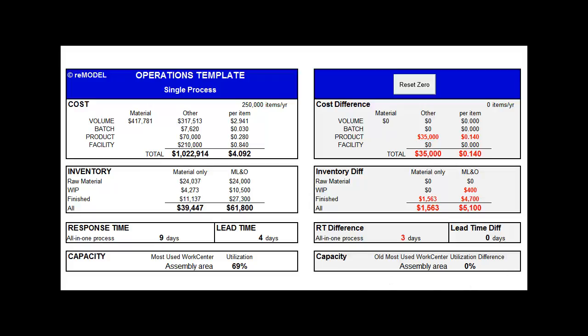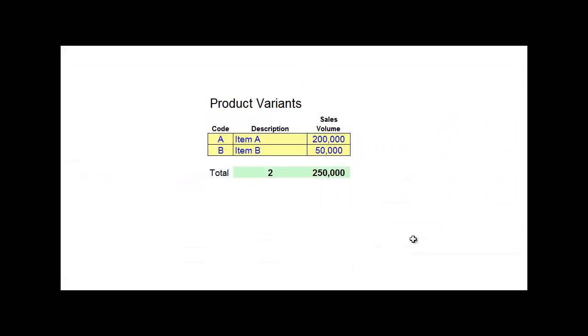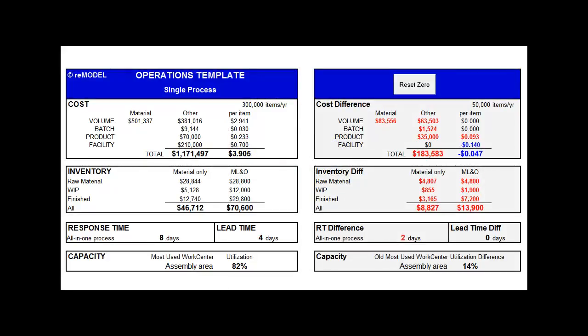If the volumes had changed, let's see what happens now. Suppose that item B wasn't cannibalizing item A but was additional to it. Let's leave item A at 250,000, so the total volume is now 300,000. Let's take a look at what that does. Well, you can see here that the costs have gone up. Obviously there's more material being processed, but the unit cost has come down.